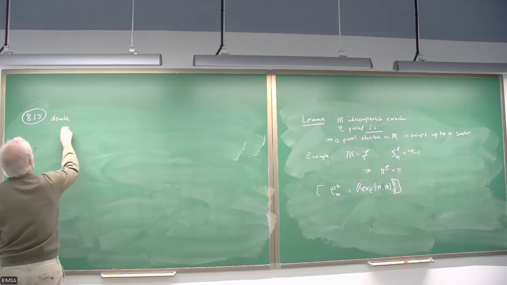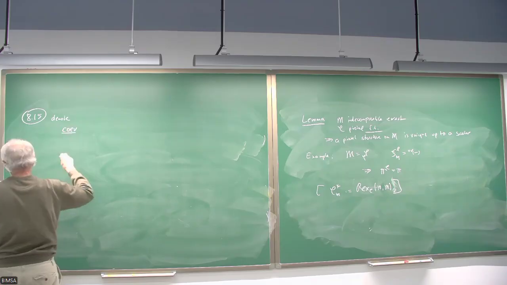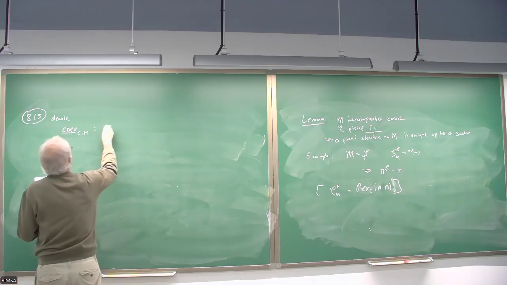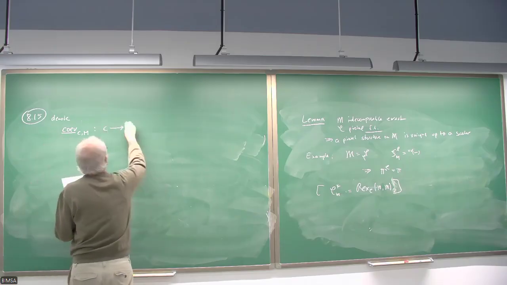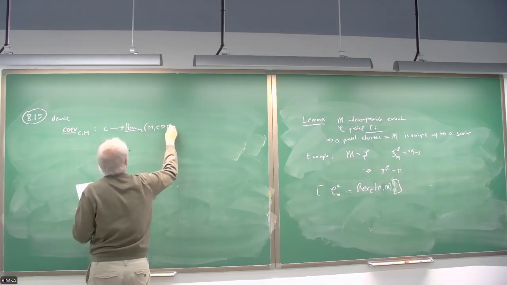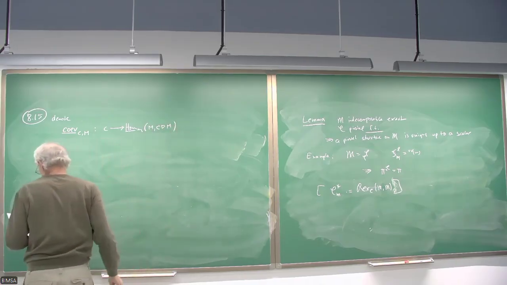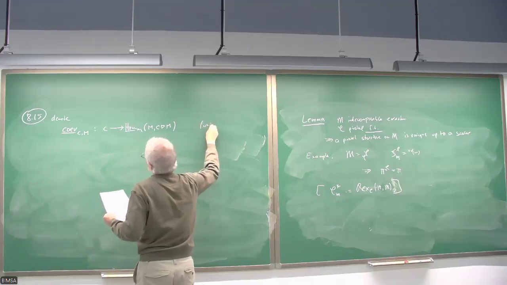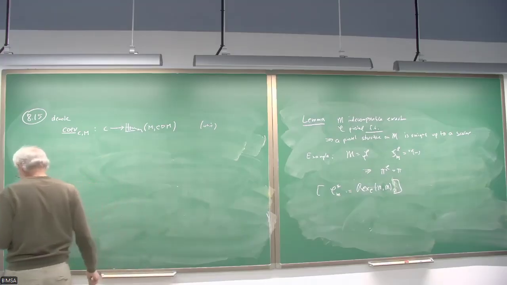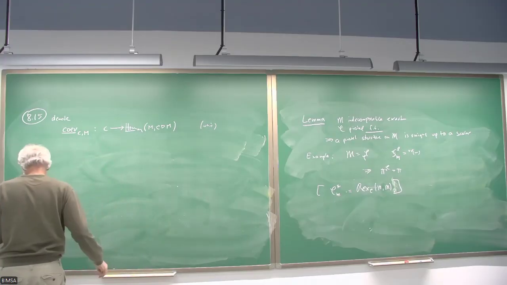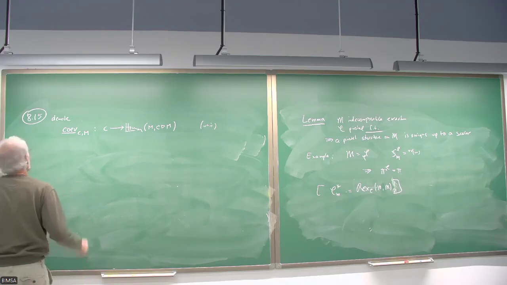We denote by co-evaluation, with two arguments, the morphism from C to the internal Hom between M and C acting on M. The unit of the adjunction between the action functor and the internal Hom functor.